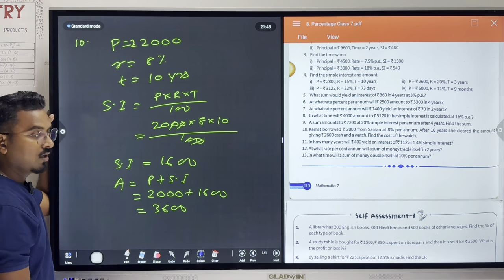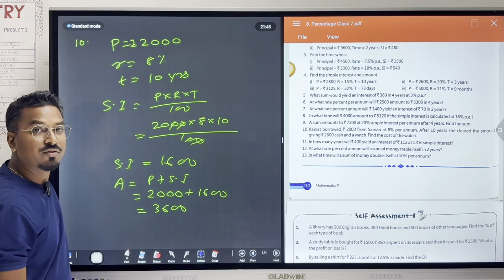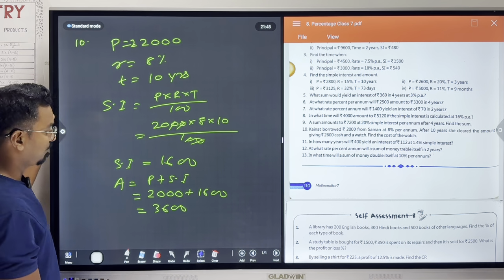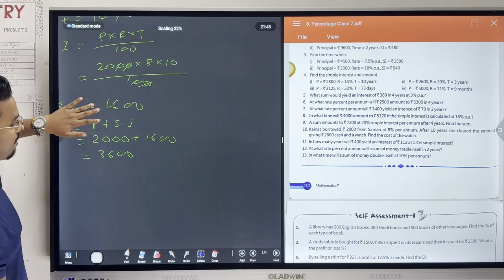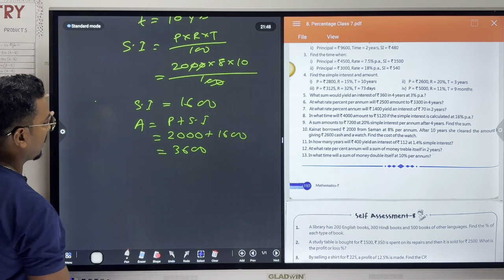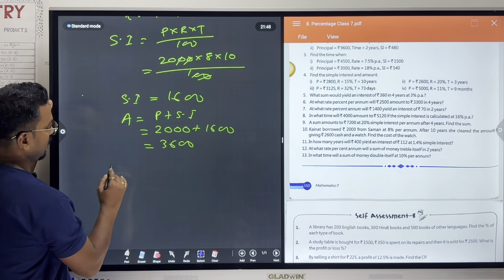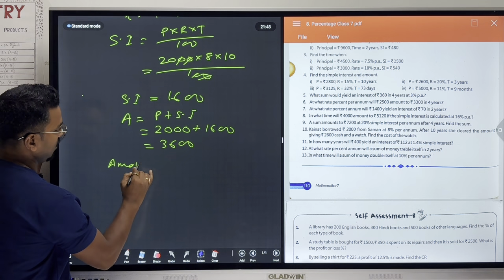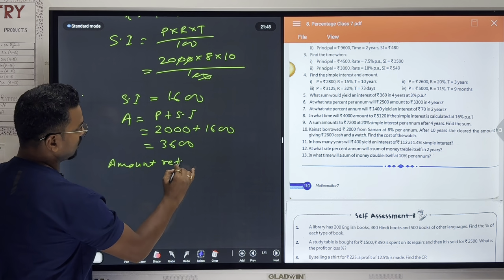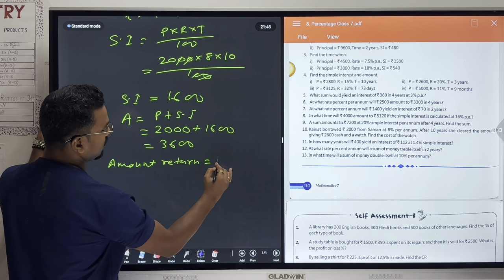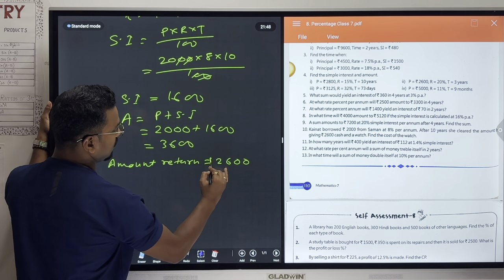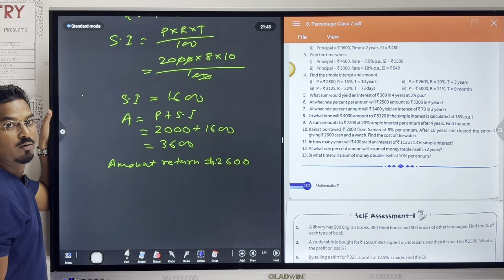Okay, he returned how much? 2,600 rupees. So the amount returned is 2,600 rupees. So what will be the cost of the watch?